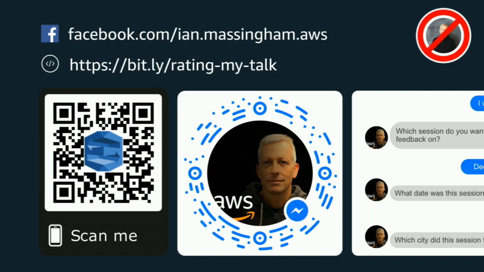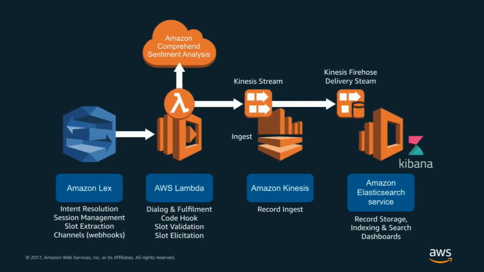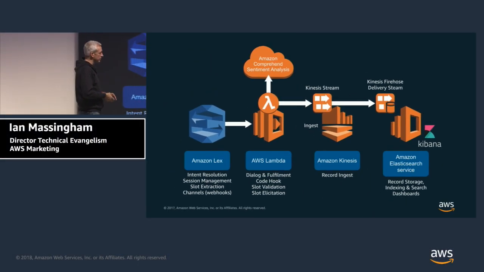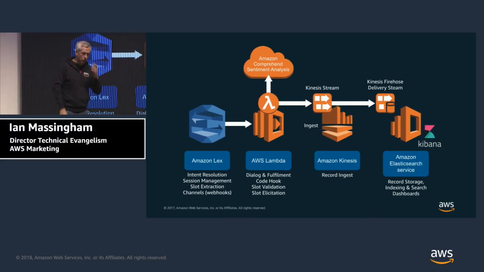So what's behind the scenes? There's a few different AWS services behind the scenes here because I want to do more than just throw up an informational service where I respond to customers. I also want to gather some data and I want to visualize that data. So there's a pipeline behind this application that enables me to do that. When you submit your rating or submit your feedback, I'm going to capture that information into a JSON record, a JSON object.